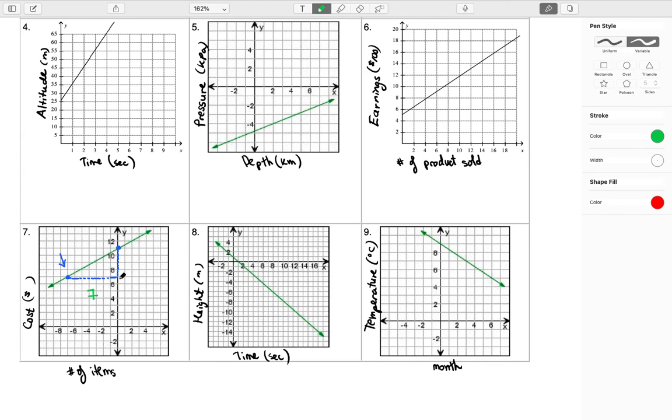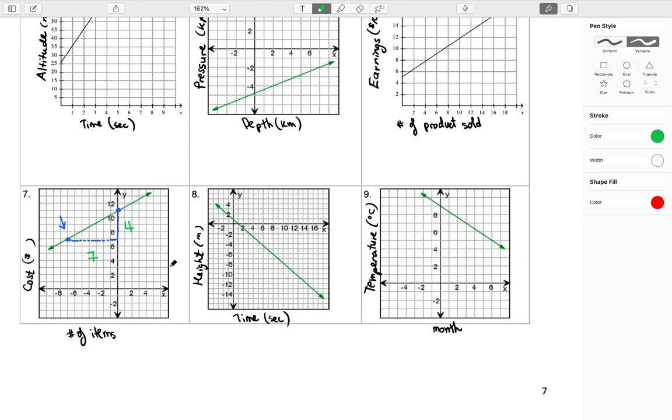And then this time I'm going up. 1, 2, 3, 4. Okay, so that means I went up by 4.